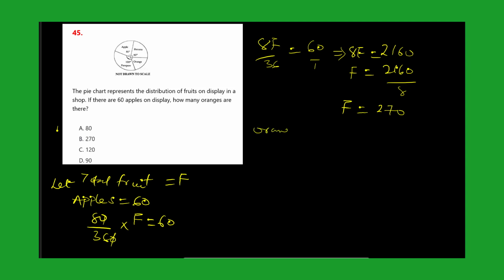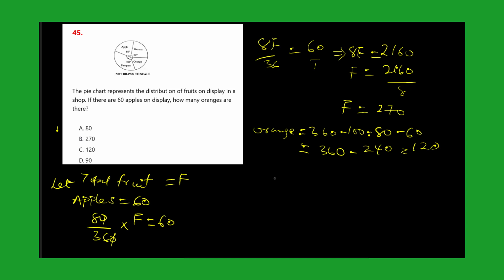So orange equals 360 minus 100 for pineapple, 80 for apple, then 60 for banana, equals 120.